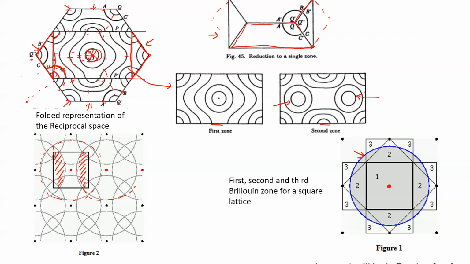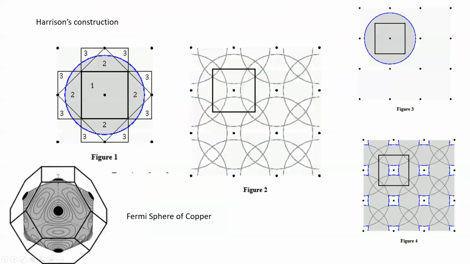So if you see, this is symmetric around this point. This area is the extension from the first zone, and these lines were a part of the circle drawn from the second lattice point, right? So this is called the Harrison's representation. You can either draw the first zone and start folding it back, or draw independent circles from each of these lattice points.